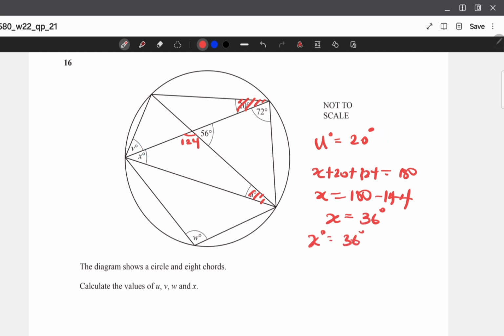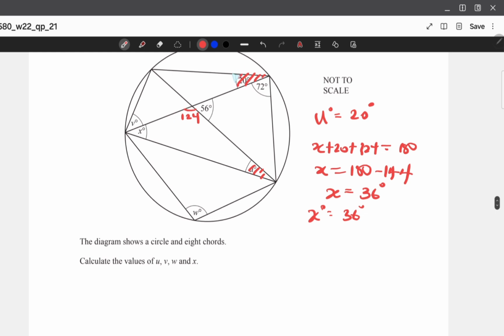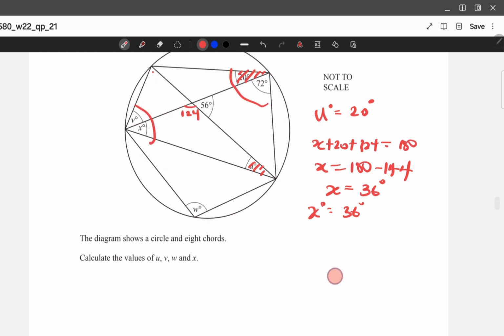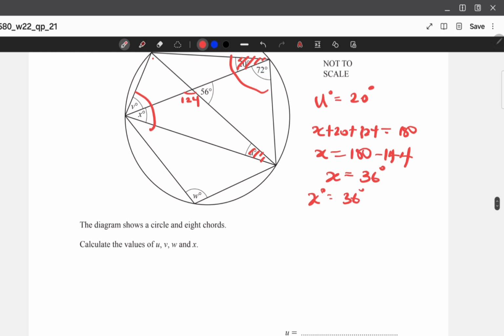So now I can get my v because this is a cyclic quadrilateral. These are two opposing angles and this is a quadrilateral. So I can say 72 plus 20 is 92. Then plus x, which is 36, plus v degrees equal to 180, because the sum of the two opposing angles in a cyclic quadrilateral is equal to 180.